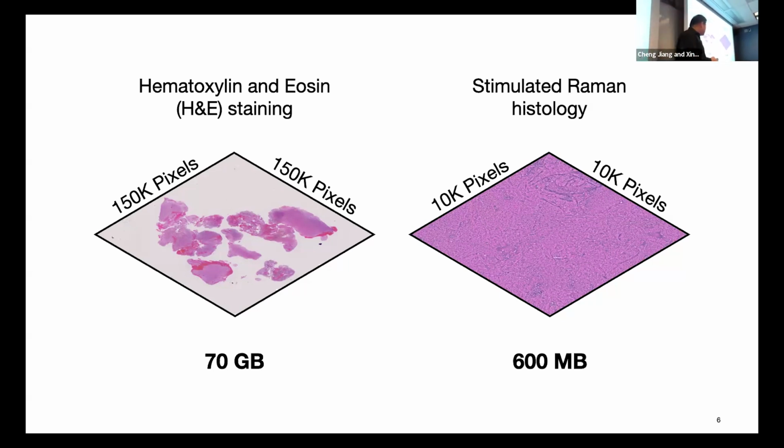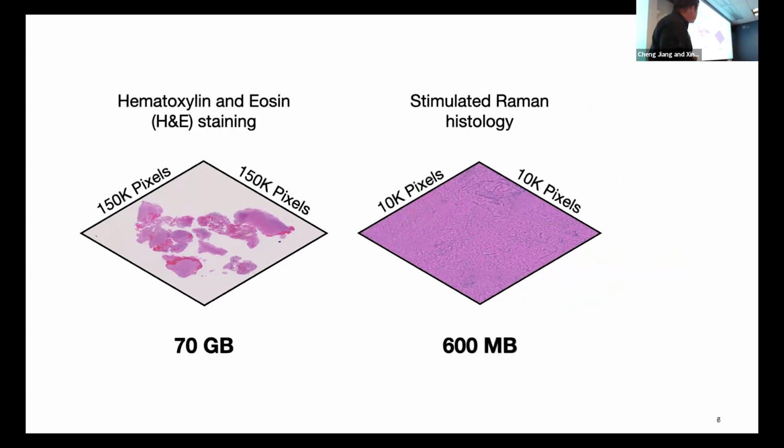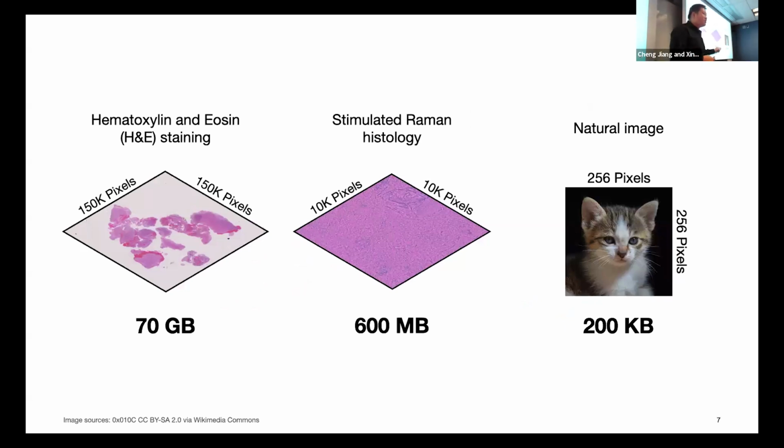There's no GPU on the market that can actually process that. Just for comparison, natural images in ImageNet are usually 256 by 256 and only a few hundred kilobytes. This big difference is one of the most important challenges that come with histology and whole slide images.